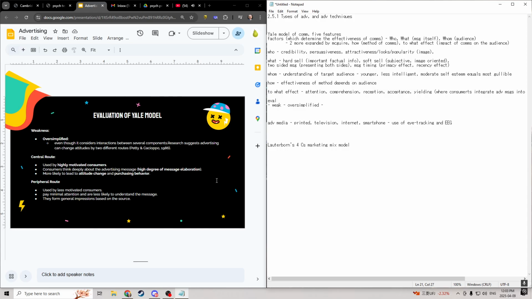Even though it considers interactions between several components, research suggests advertising can change attitudes by two different routes. That's the worst explanation I've ever seen. I don't know who wrote this slide, but to be honest, not the best I've seen. By two different routes. Like, what does that even mean? Because this Yale model included like 18 different routes. Okay, yeah, we'll just say oversimplified.